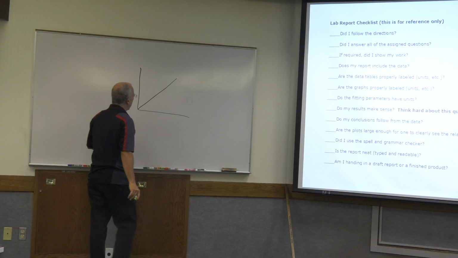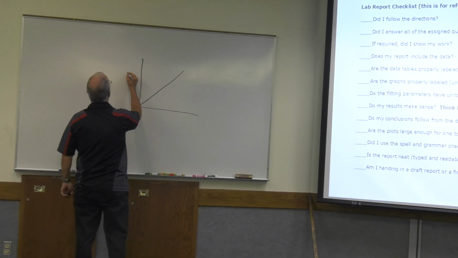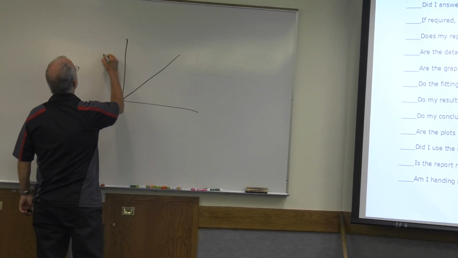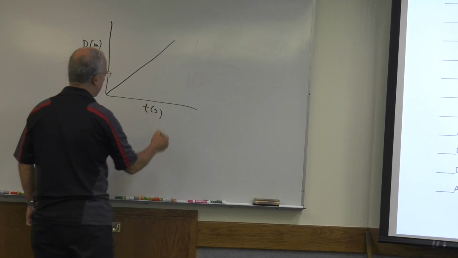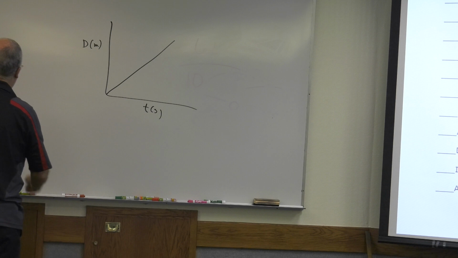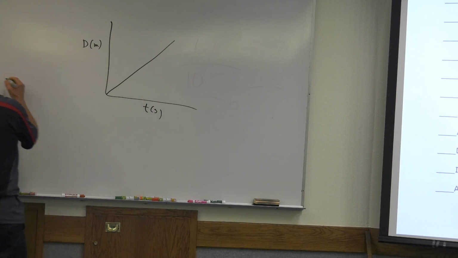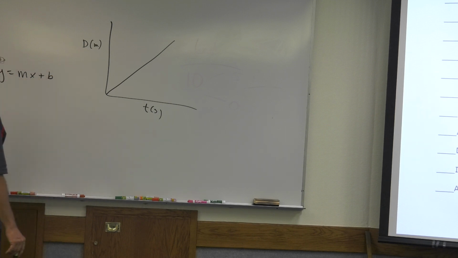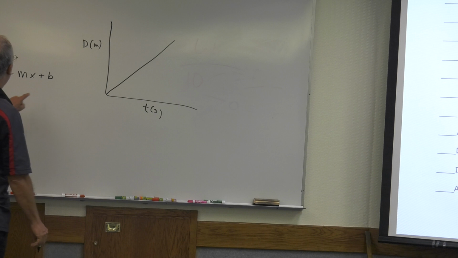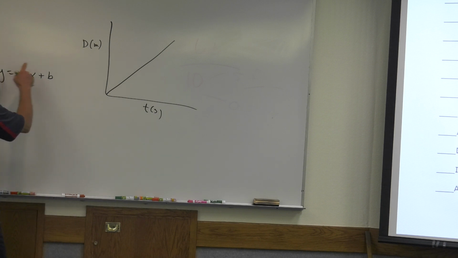Let's say this is distance in meters, and this is time in seconds. A straight line, so we have y equals mx plus b. The y is distance, so this is in meters.